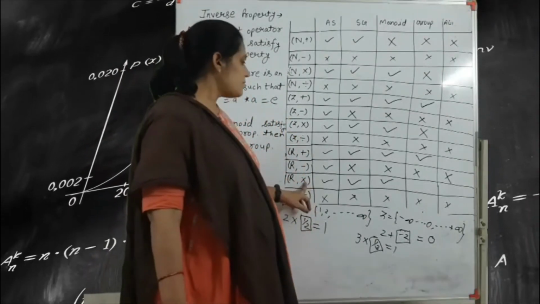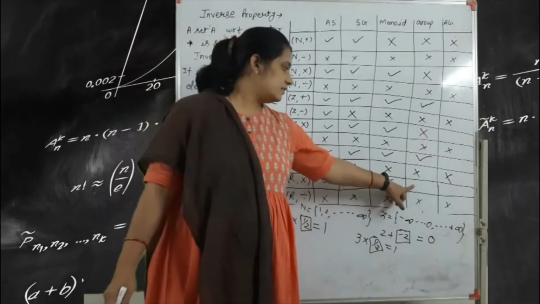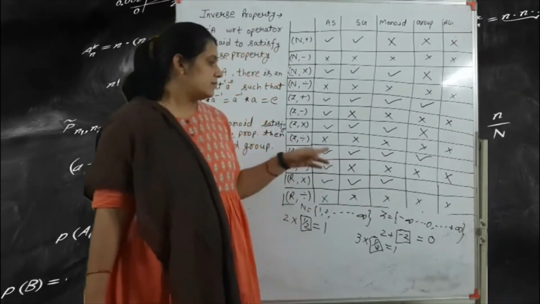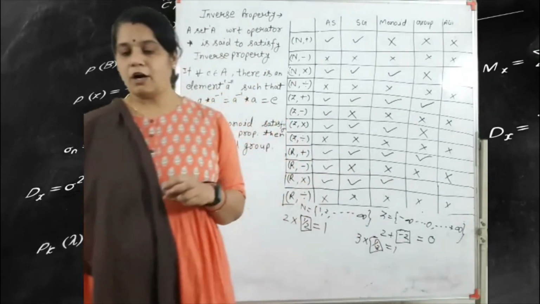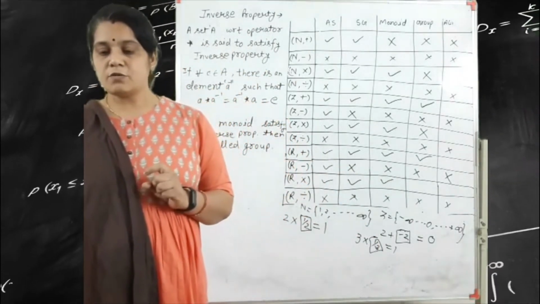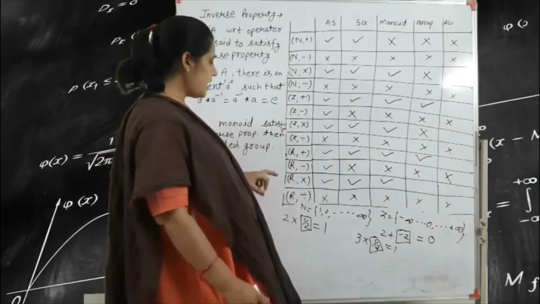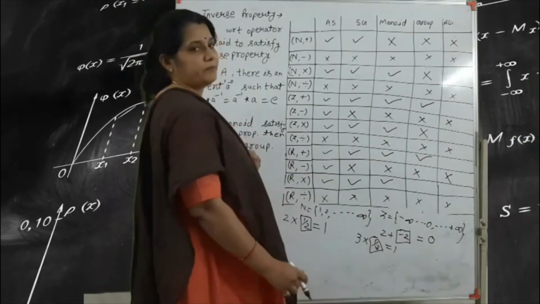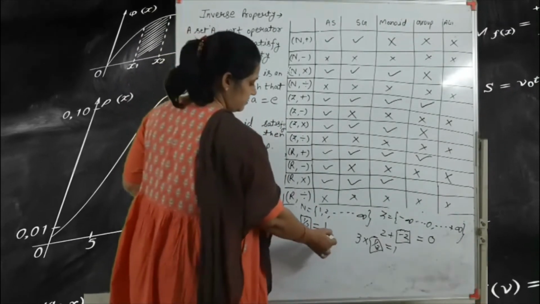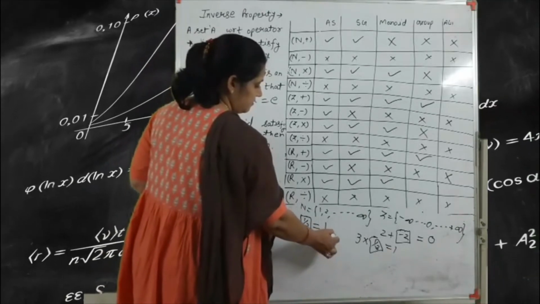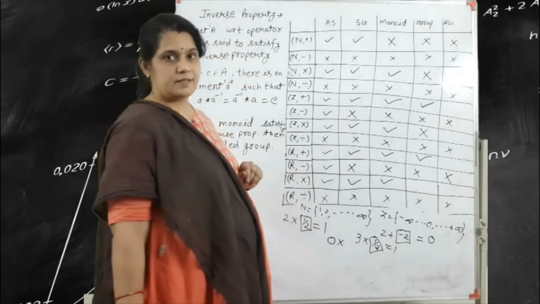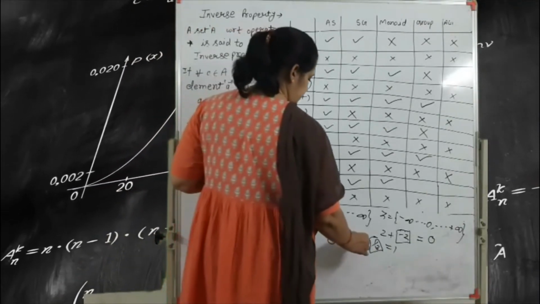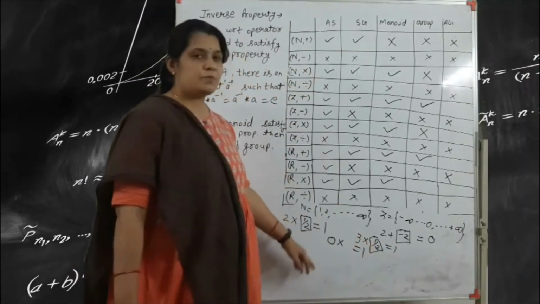Now see here, is R multiply a group or not? According to R multiply, for example, we write here the 0, and we want to get the 1. Is this possible or not?